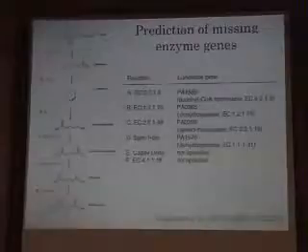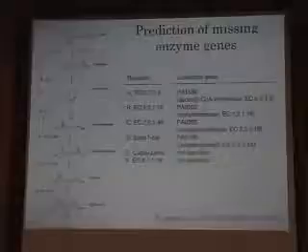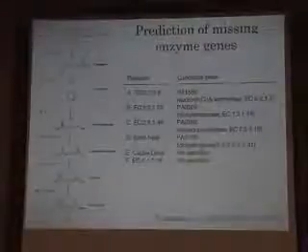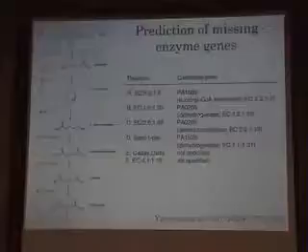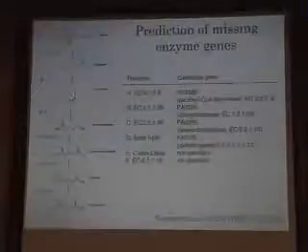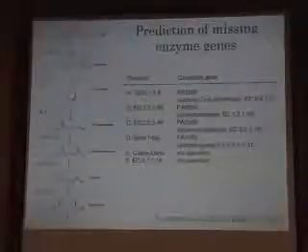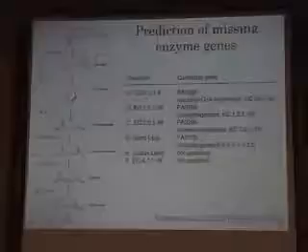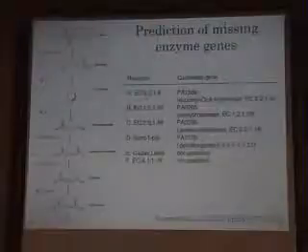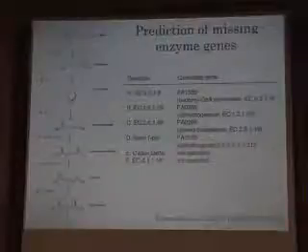If we have such information, we can assign the genes to the enzyme, and we do not need any similar proteins from other species. But in general, it's of course still difficult.